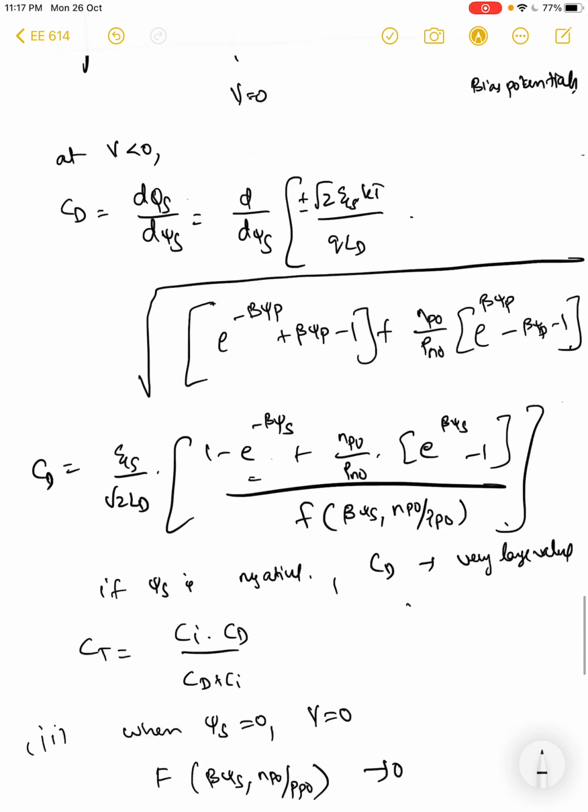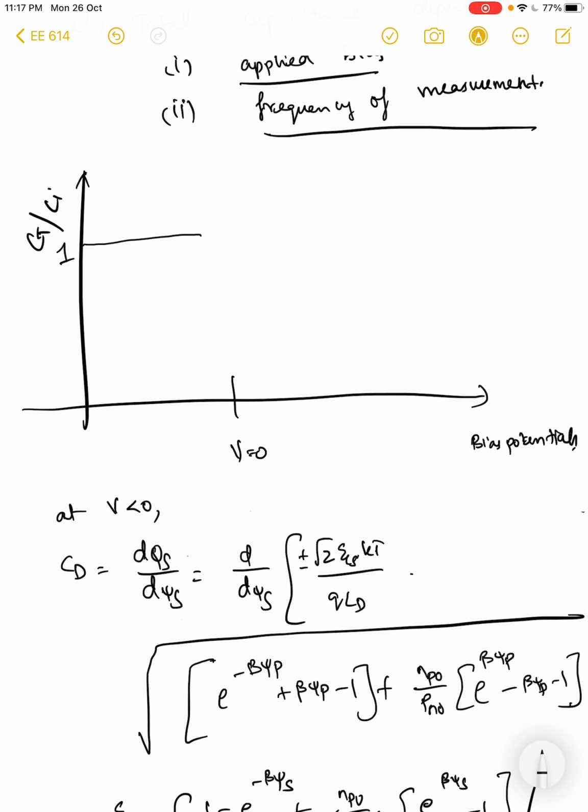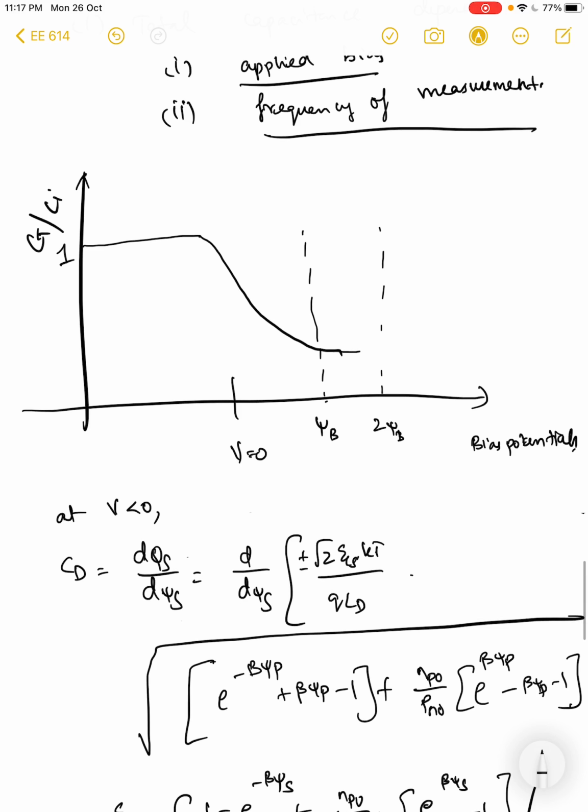And hence the total capacitance will now drop and will reach a minimum value, which is between psi b and 2 psi b. And it is at this point when you have 2 psi b, obviously you will have a strong inversion, and hence your capacitance will again rise up.